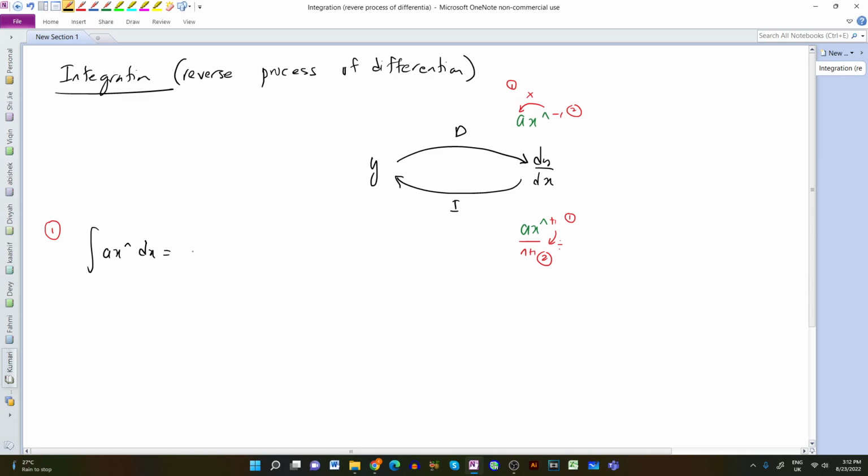And if you want to integrate this type of question, it is ax to the power n plus 1 divided by n plus 1, and plus c. This is the formula for the first rule.